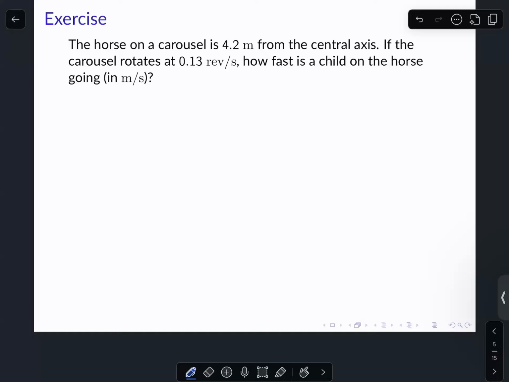Forget the equations. Use the ideas. Make the equation.